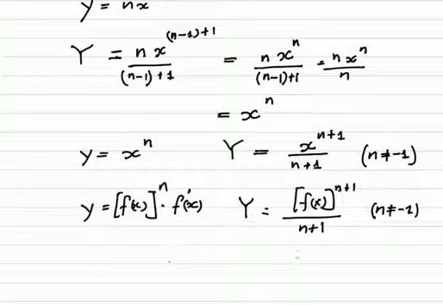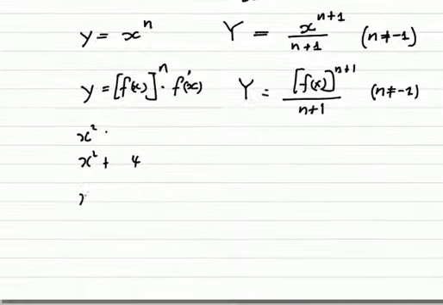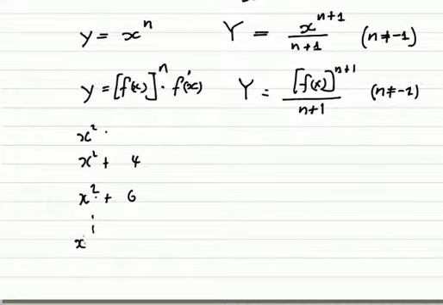And I hope you understand that a function being a derivative like this could have basically come from a function like this plus some constants. So in such a way that if I say something like x squared plus 4, x squared plus 6, x squared plus a constant.